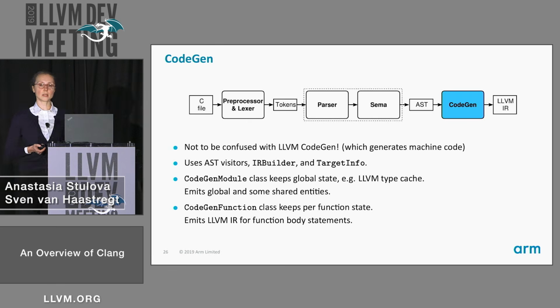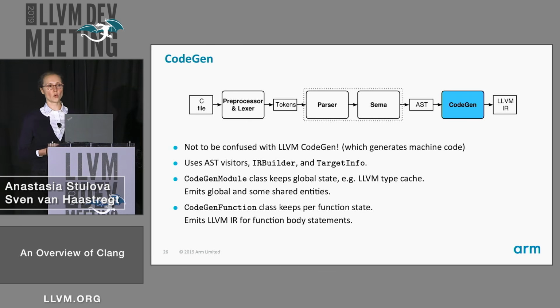There are two key classes in CodeGen. CodeGenModule keeps the state of an entire program. For example, it will keep an LLVM type cache, and that's very, very useful to speed up compilation. In each program, you are likely to use the same types over and over again. It's very difficult to write a program where every expression has a different type.